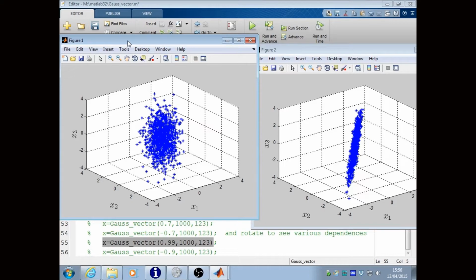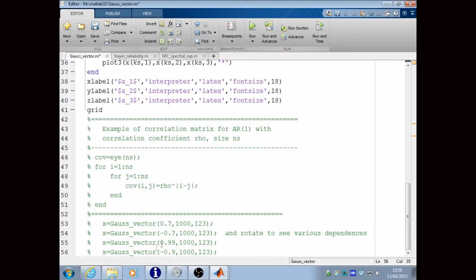So what if we make it really very small? Very weak correlation, right?